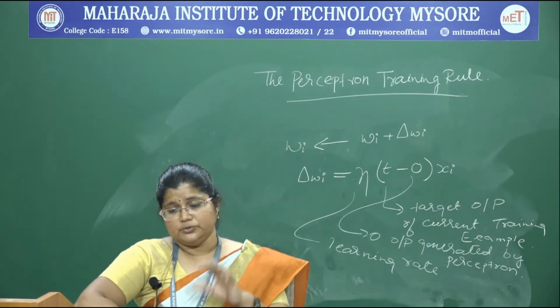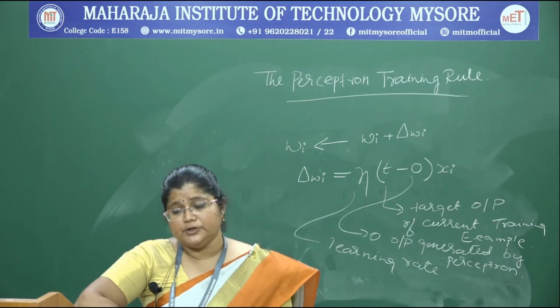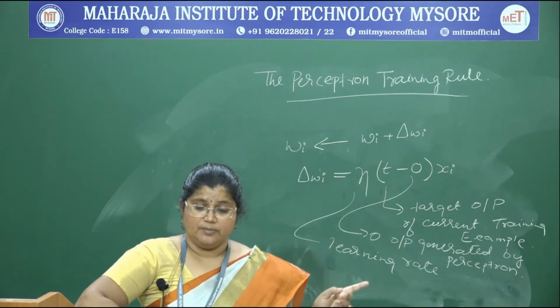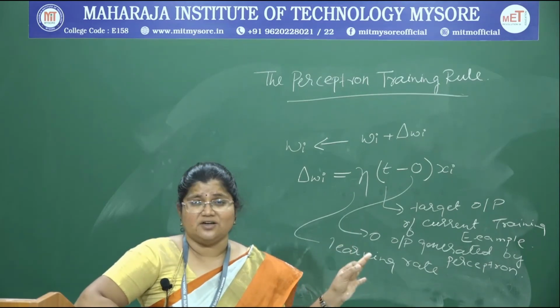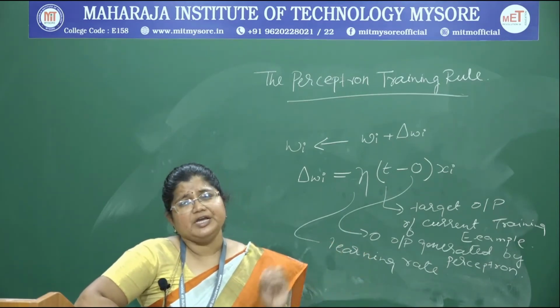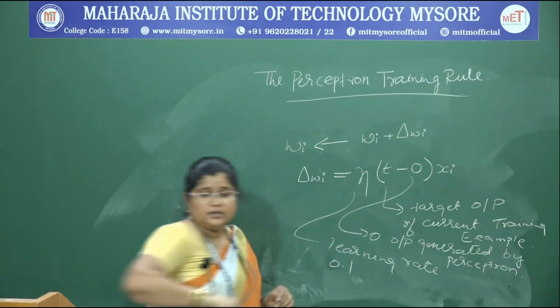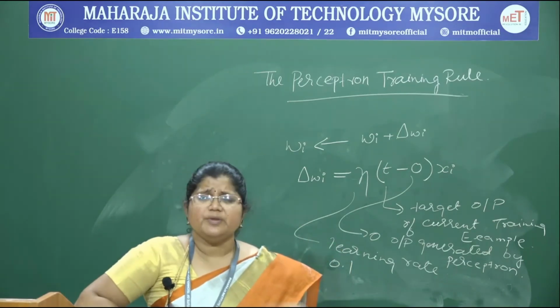The learning rate moderates the degree to which the weights are changed at each step, and it is usually set to a very small value, like 0.1, and is sometimes made to decay.